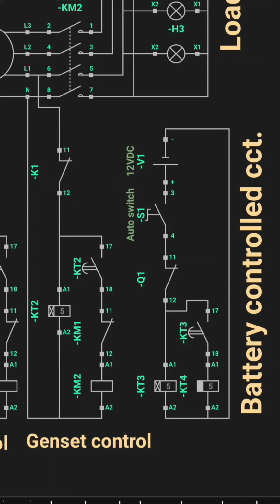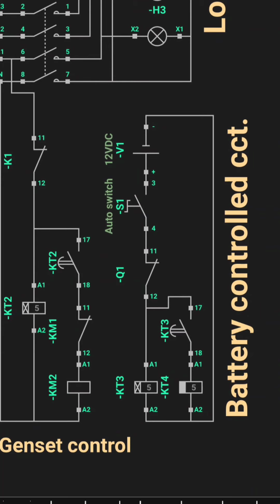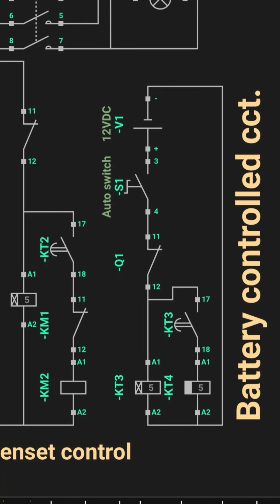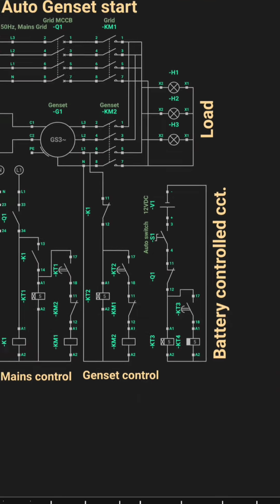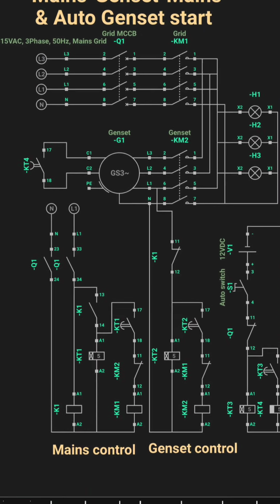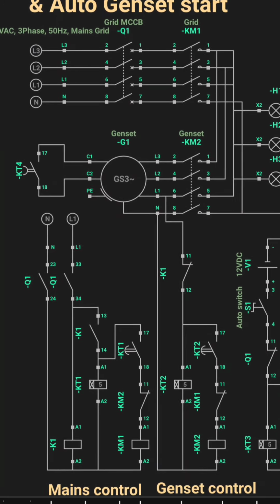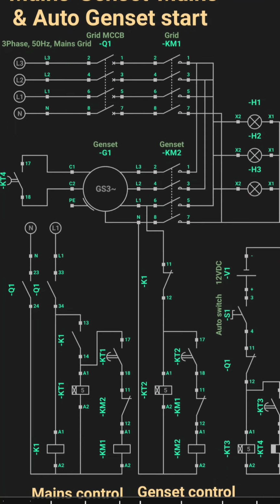Then through the auxiliary NC contact of main grid line MCCB Q1, we are enabling an on delay timer KT3, in which I have fed 5 seconds, and this on delay timer switches on an off delay timer KT4, in which I have fed 5 seconds of time. This KT4 off delay timer's auxiliary contact acts as a starting contact for genset.